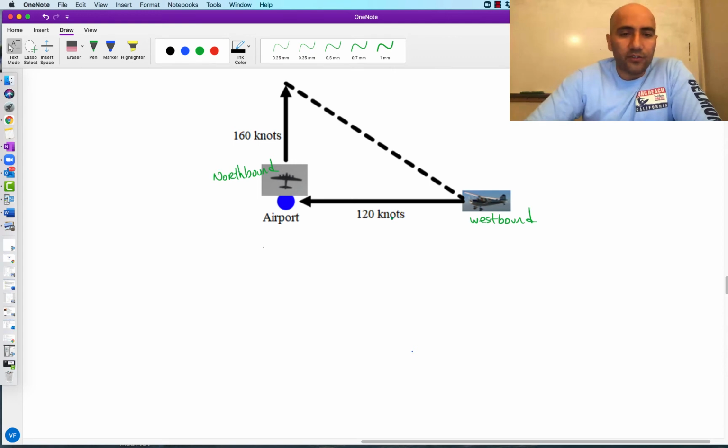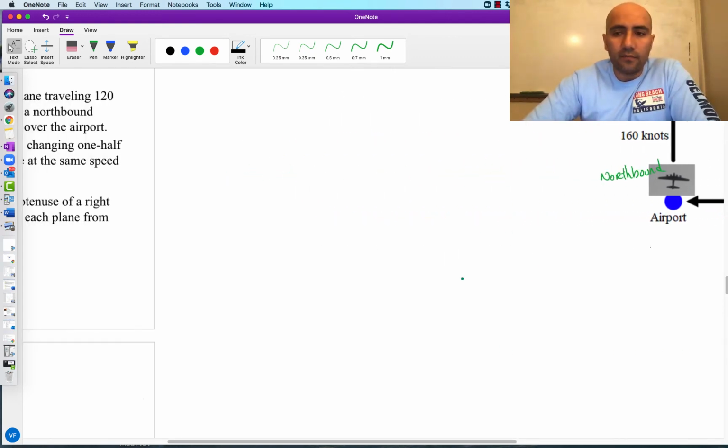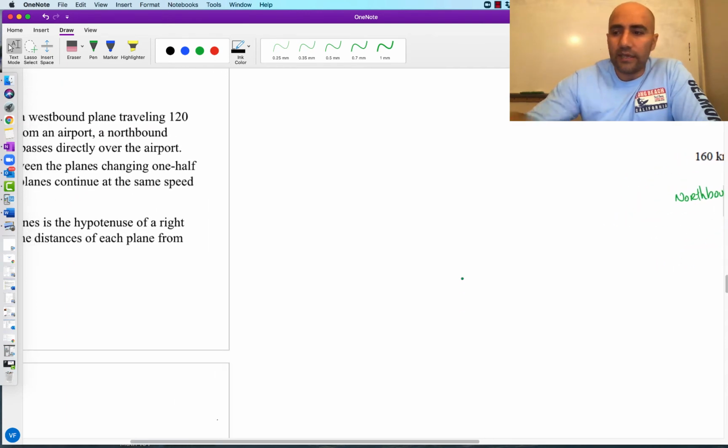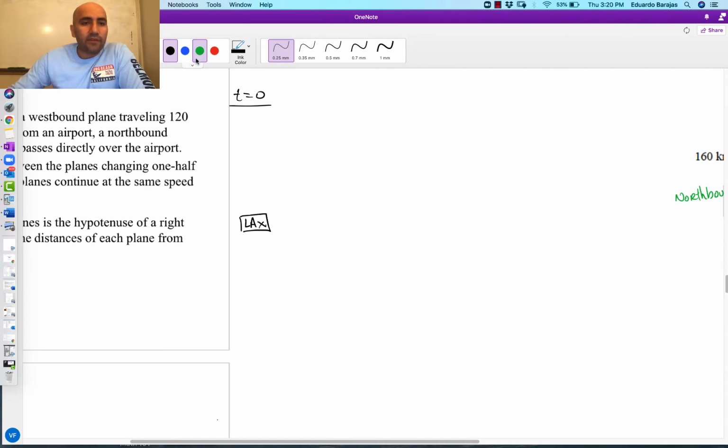So I'm going to draw my own picture because there's one more element to this, and that's time. So let's say I'm going to draw basically the same thing, but maybe not as much detail. At t equals 0, we have our airport here. I'm just going to call it LAX. And I have this westbound airplane over here, headed this way.